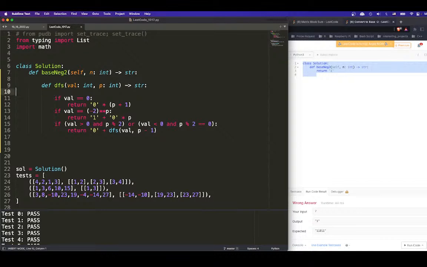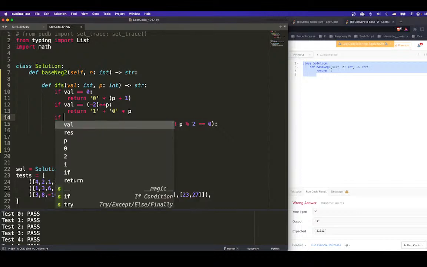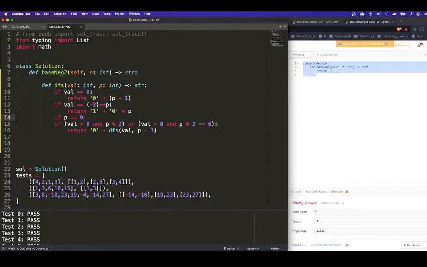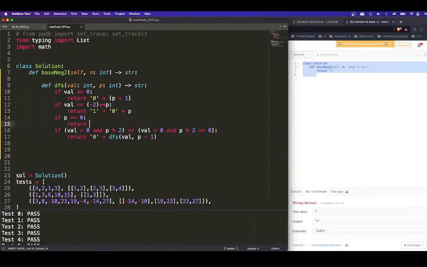So if it's 0, if this, and then we say if P is 0 and we haven't done this, then return a star. This is the impossible case. Otherwise, we do this.